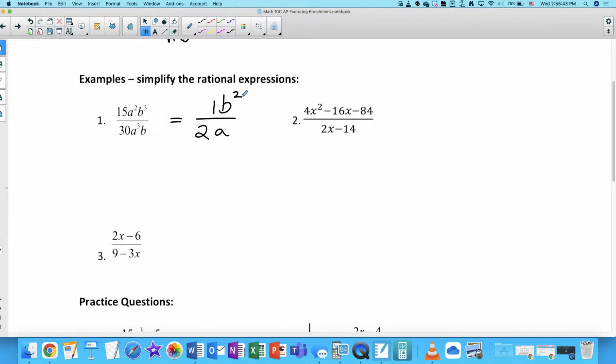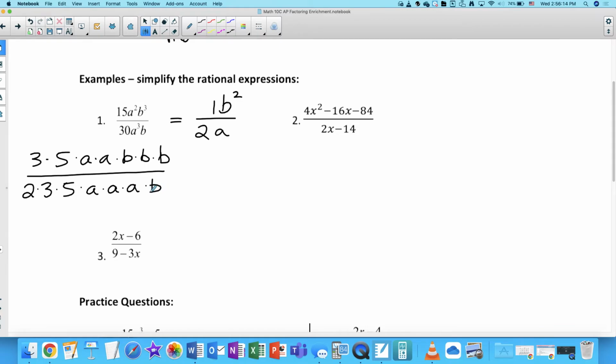Okay? But what's really going on if we think about expansion is 15 is 3 times 5 times a squared times b times b times b, b cubed. And in the denominator, 30 we already did was 2 times 3 times 5, and then times a times a times a times b.